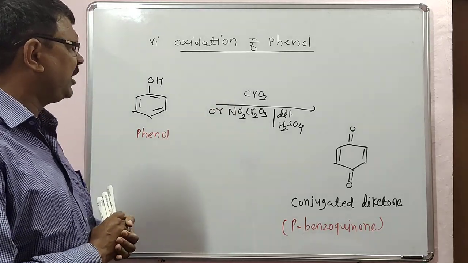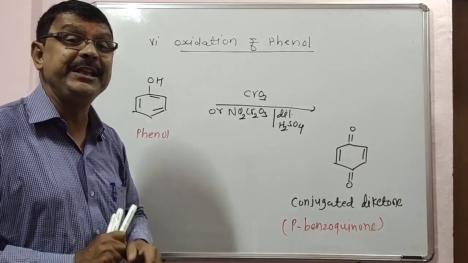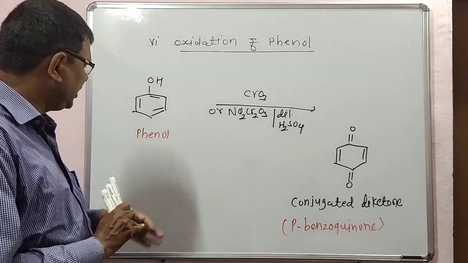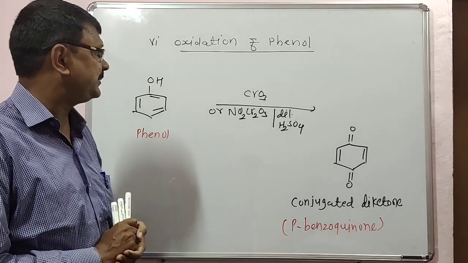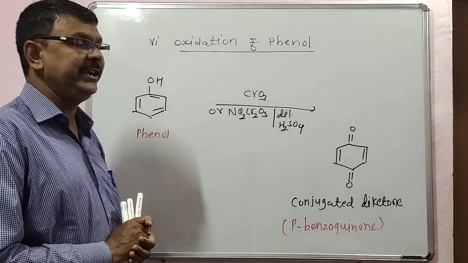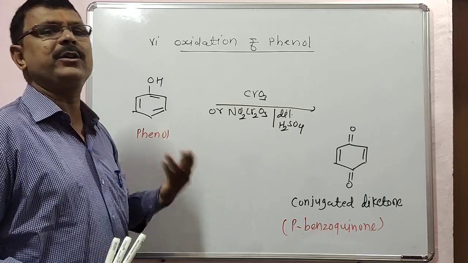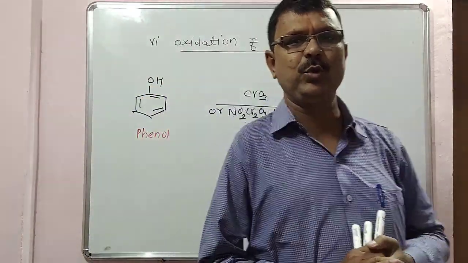What is the action of chromic anhydride or acidified sodium dichromate on phenol? Answer: phenol is oxidized by chromic anhydride or sodium dichromate in presence of dilute H2SO4.